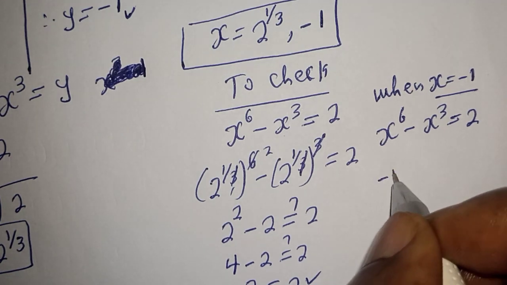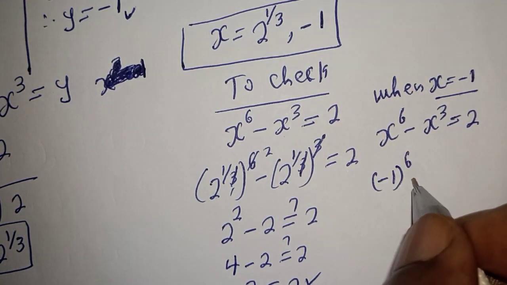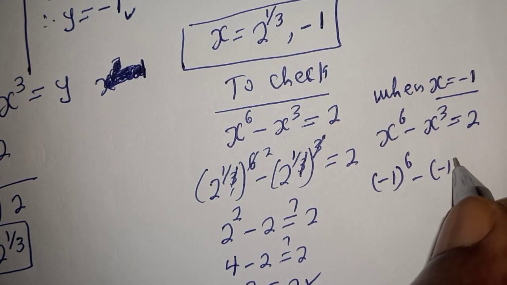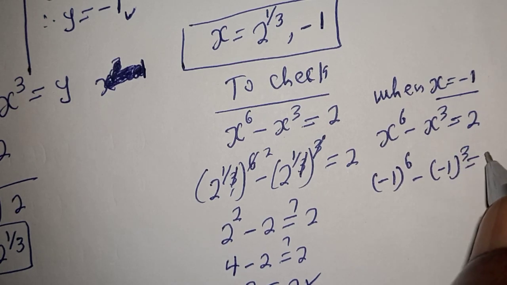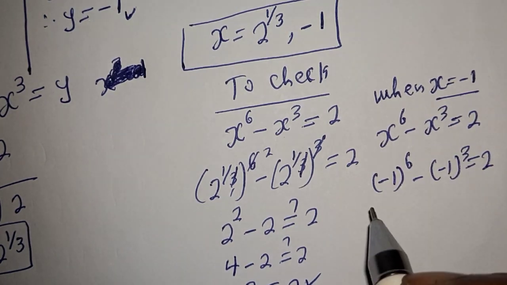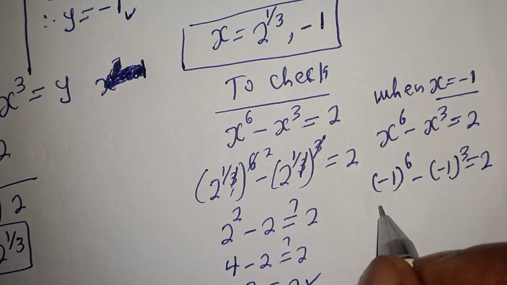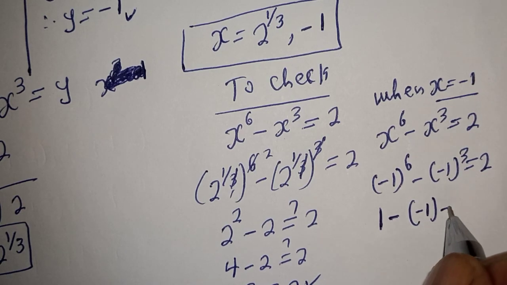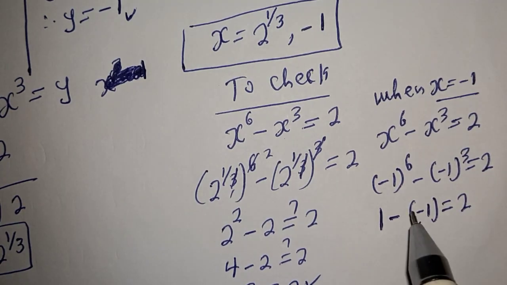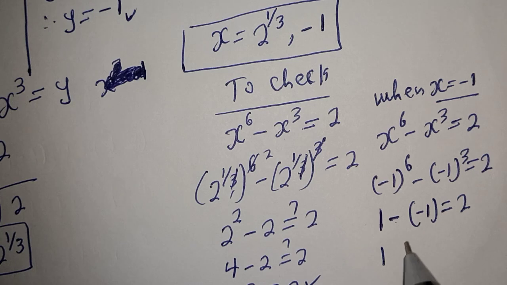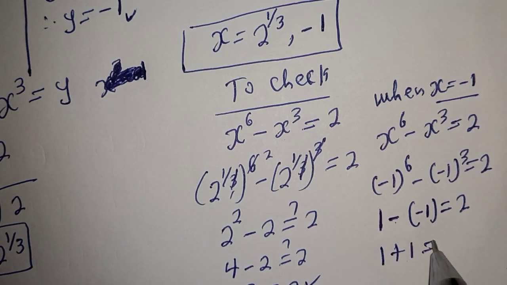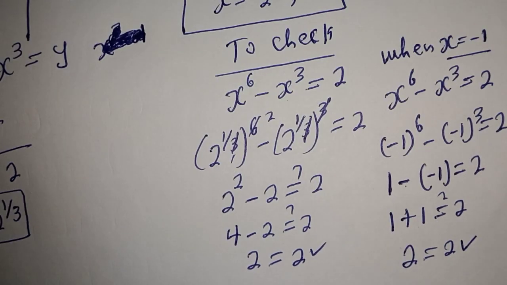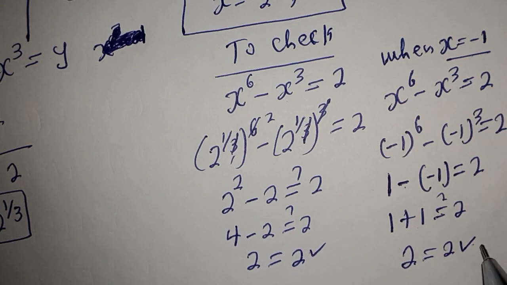Then minus 1 raised to power 6 minus minus 1 raised to power 3 must be equal to 2. Let's see, minus 1 raised to power 6, this is 1, minus 1 raised to power 3, that is minus 1, must be equal to 2. This is 1 minus times minus plus 1 is equal to 2. 2 is equal to 2, which is true for the solution.